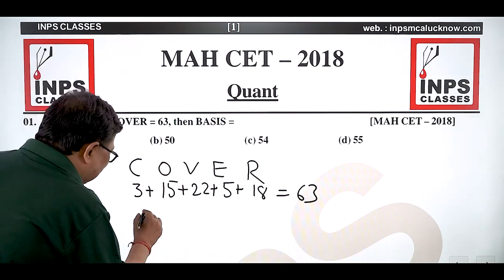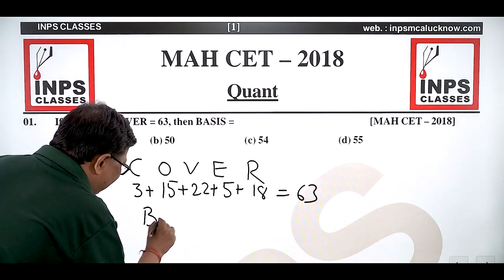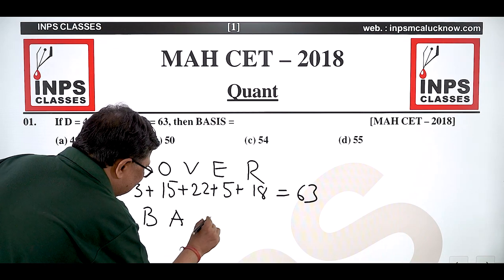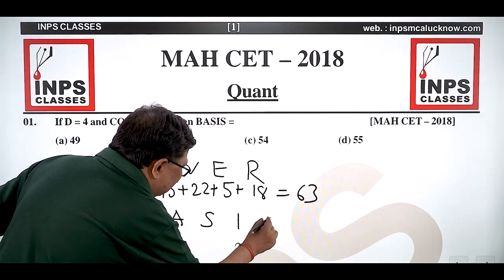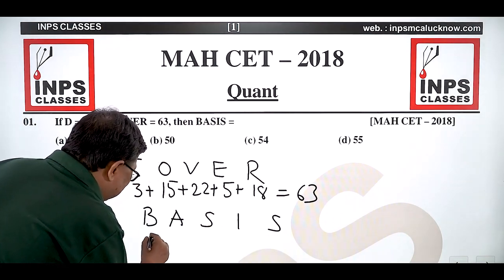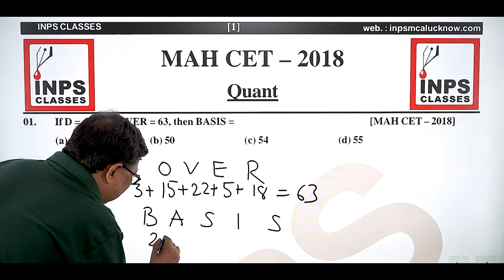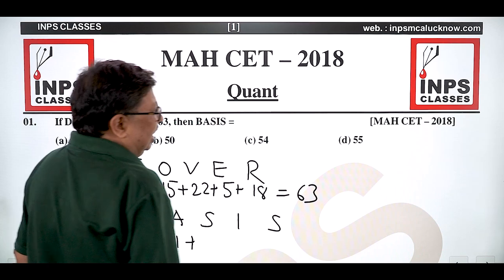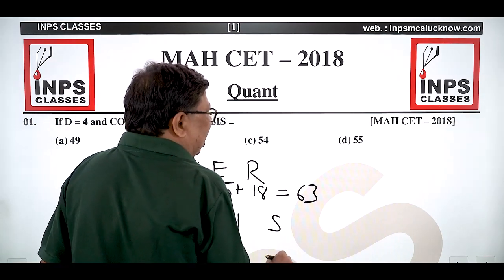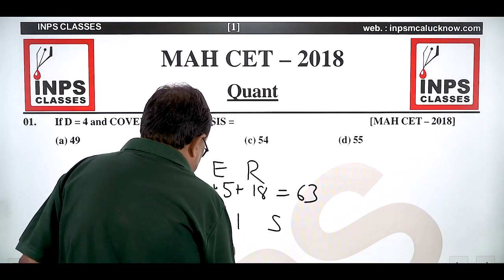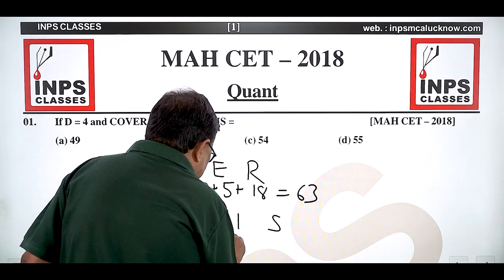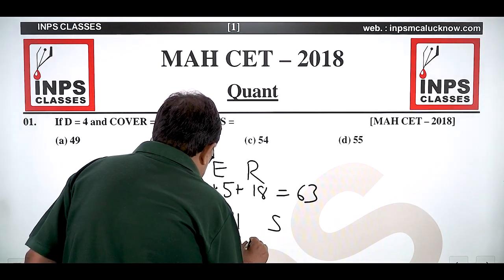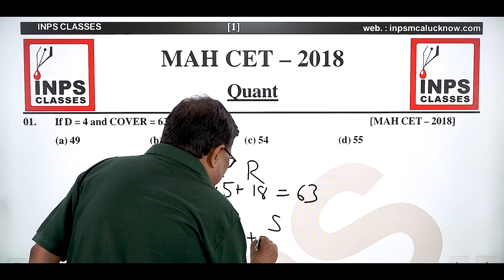Now let us take up basis. B is the 2nd letter, A is the 1st letter, S is the 19th letter, I is the 9th letter, and again S is the 19th letter.